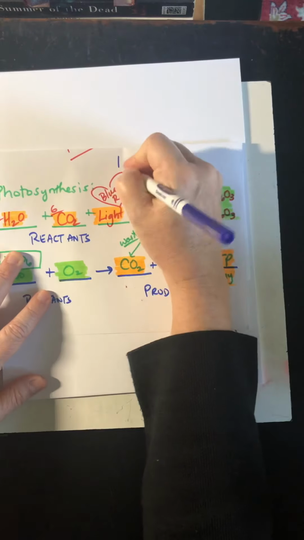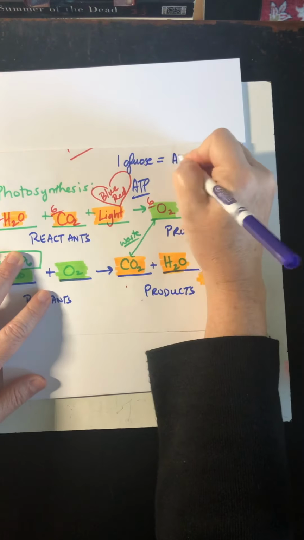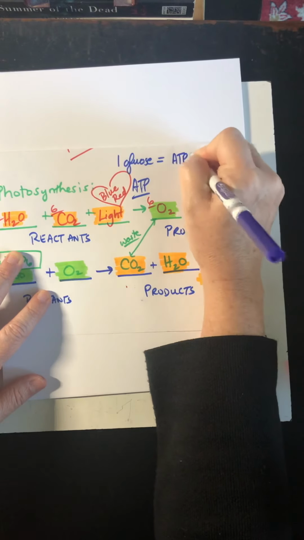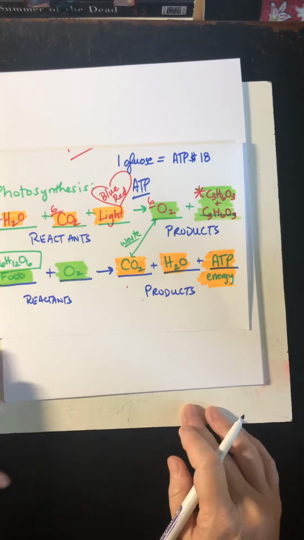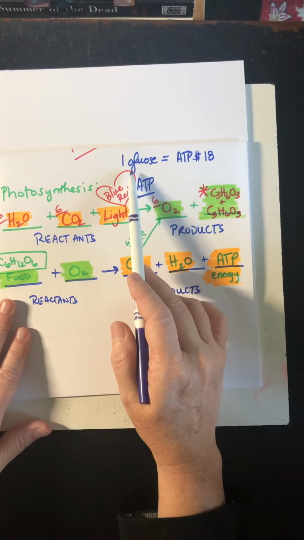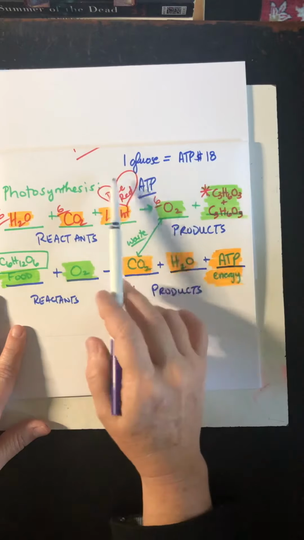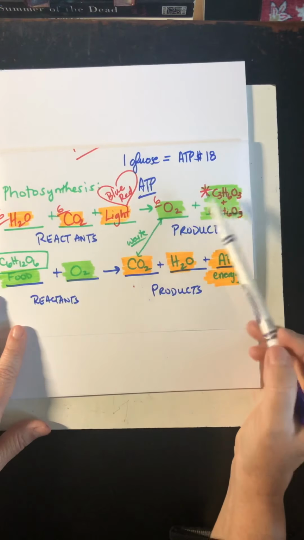One glucose cost, and I'll put a little dollar sign there. So like if you were a factory, it cost you $18 to make one glucose, right? Or 18 ATP. So that's what the plant cell uses to make a sugar molecule.